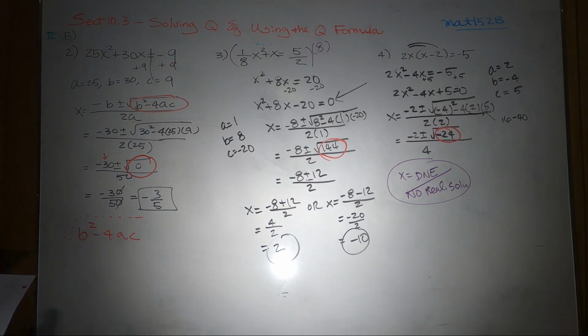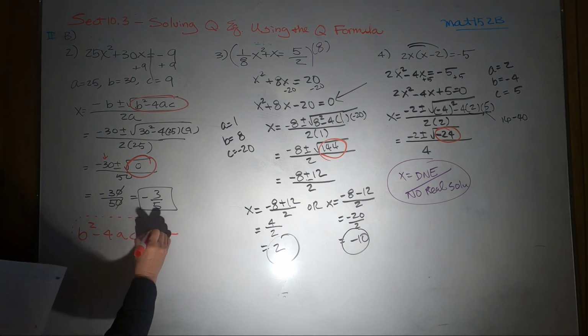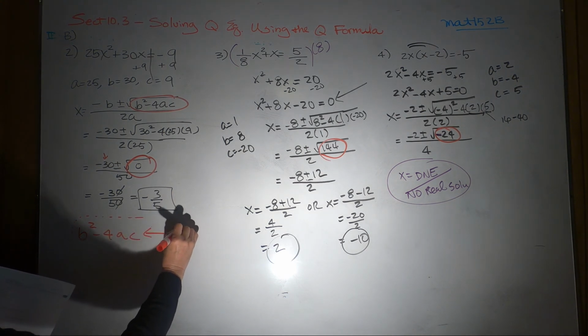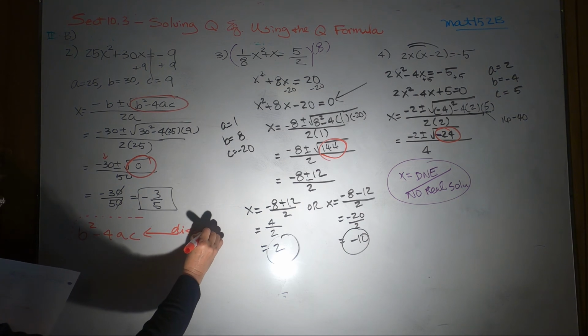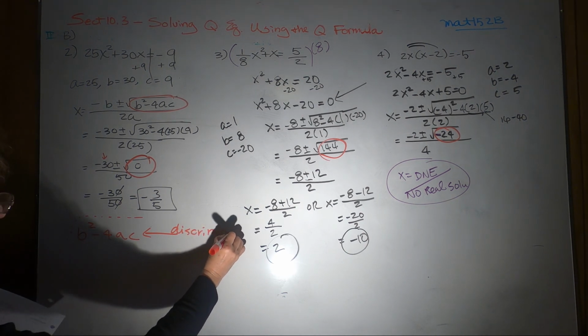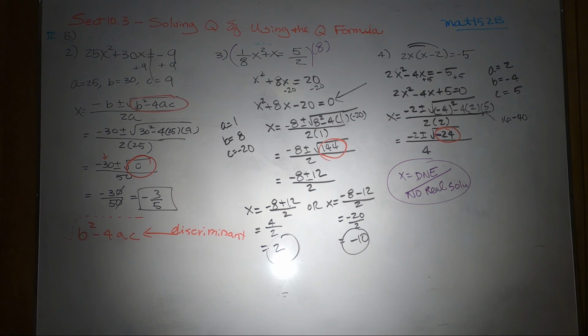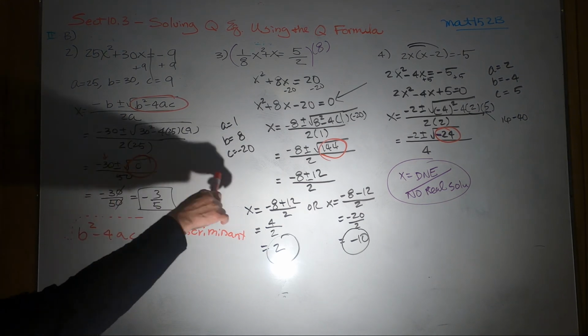Okay, on your page 53, we call this guy what? Discriminant, right? If I wanted to decide what kind of solutions I might have, I don't have to do all those steps.